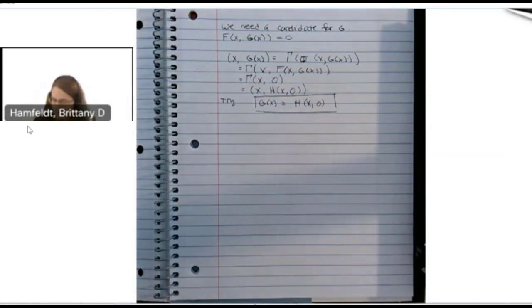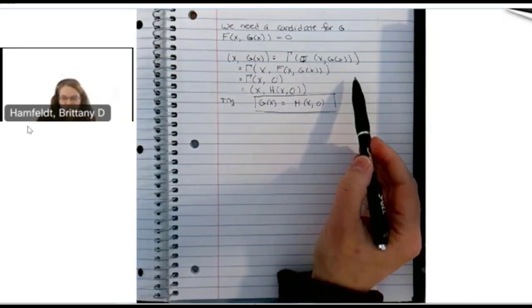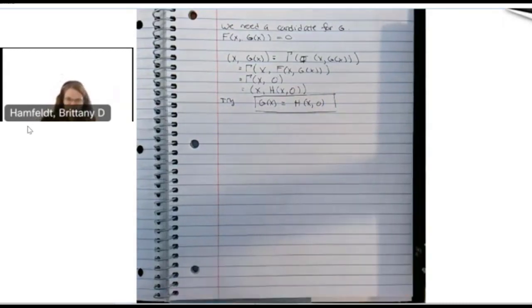So I'll pause again. Are we happy with this as a good candidate for G? I haven't proved anything about G yet, but I've tried to at least motivate why this maybe is a good idea. And now we'll run through fairly quickly and try to check that G satisfies all the conditions that we want.